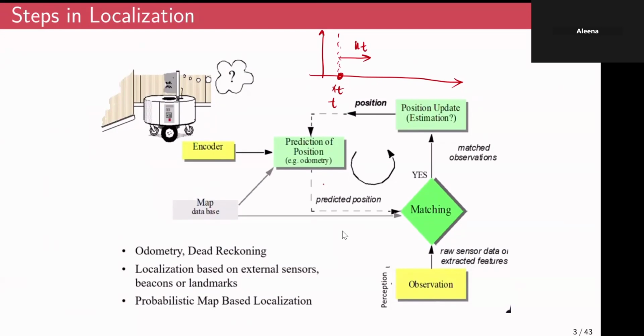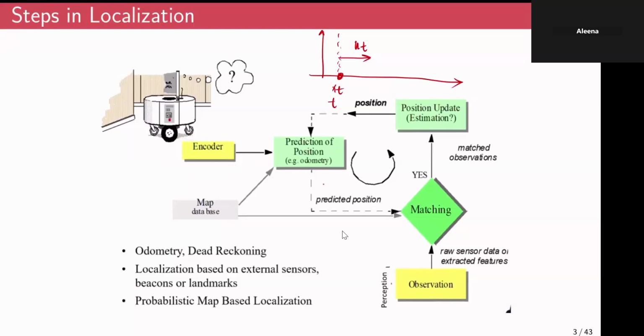Basically, the robot would predict its new position from the current position, based on the input that we are giving into the motors and based on the proprioceptive sensors that it has. The first thing you can think about is something called an encoder. An encoder basically measures how many rotations the wheel has rotated. If you apply some input into the motors, the motor would rotate the wheels, and the rotation can be measured using these encoders.